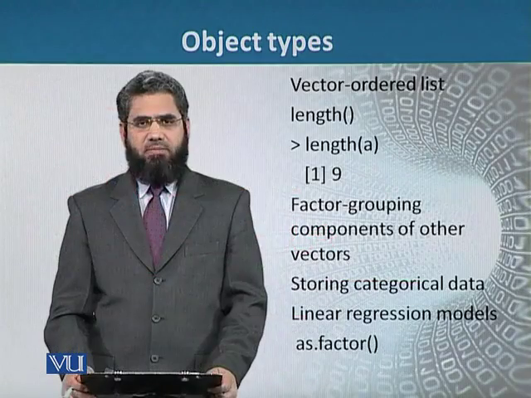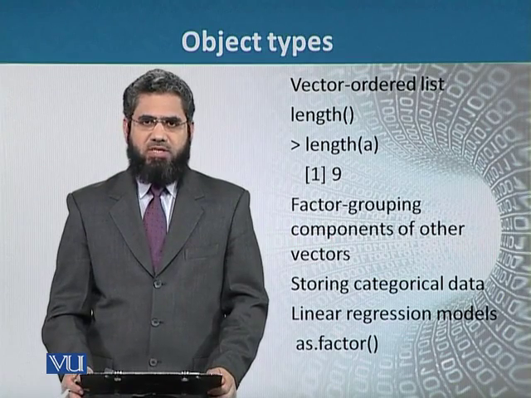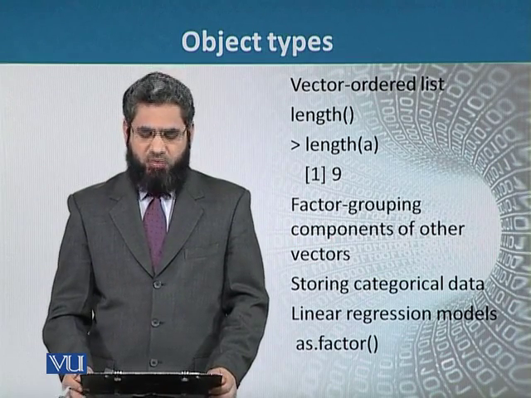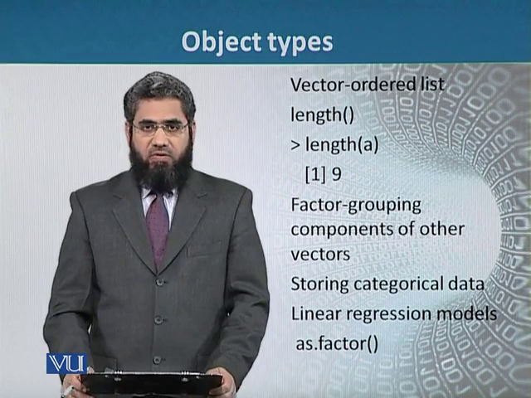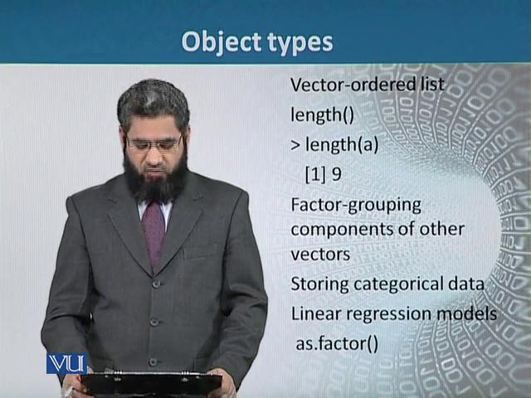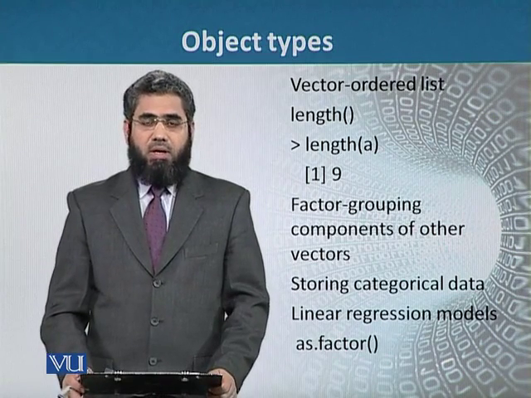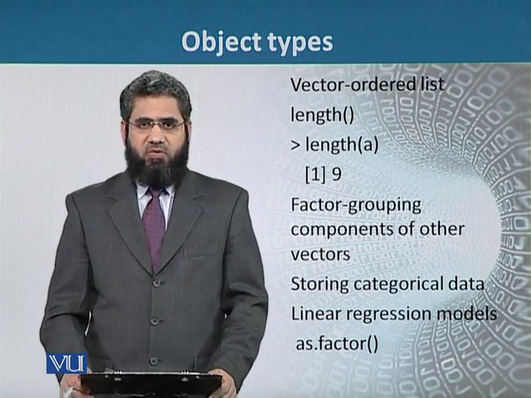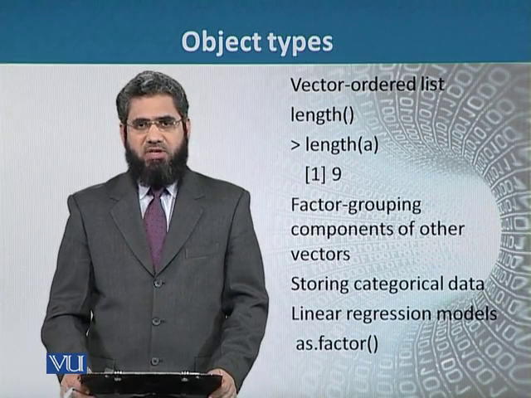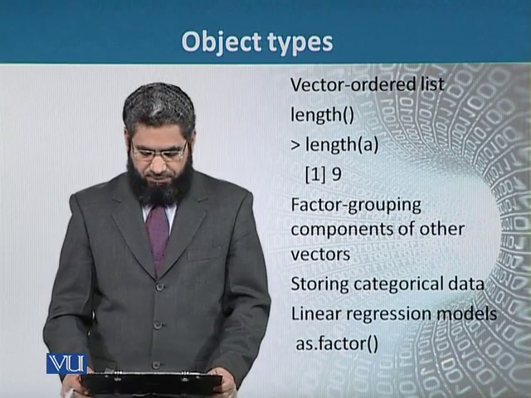We have already studied vectors. As we know, vectors are ordered lists of numbers or strings. Here we will see one of the unique features of the vector, that is, we can calculate the length of the elements present in the vector. The command used is length() with parentheses.